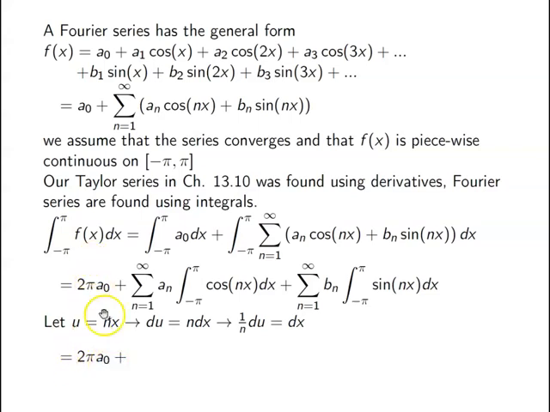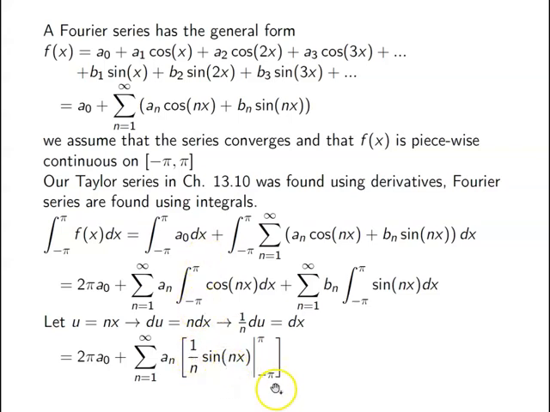So this is 2 pi a naught plus the sum of these an terms. And the integral of cosine here is equal to 1 over n, from this substitution, and cosine turns into sine, right? So when I integrate this, I get the sine of u, which when I replace the u, I would just replace it back with nx. We've seen this a million times, so I'm skipping some steps here, but you should be able to keep up with that.